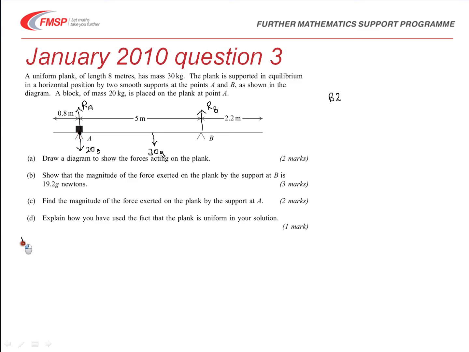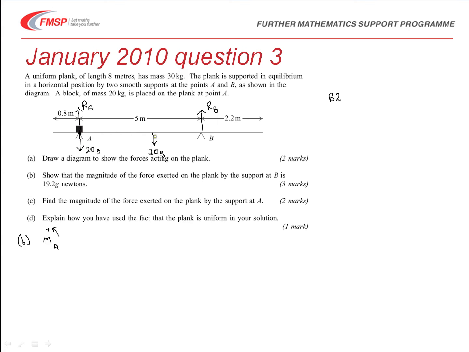So in other words, to do part B, we will take moments about A and take anti-clockwise as being positive. So the moment of RA, because it's through A, is 0. The moment of the 20g is through A, so that is 0.